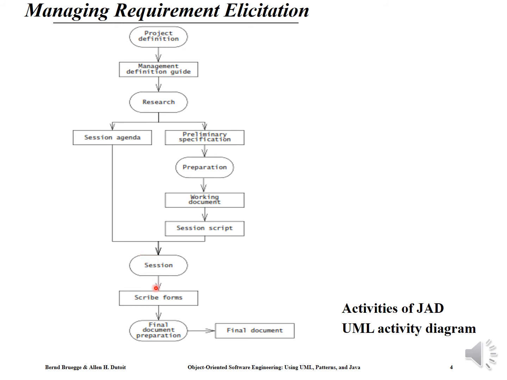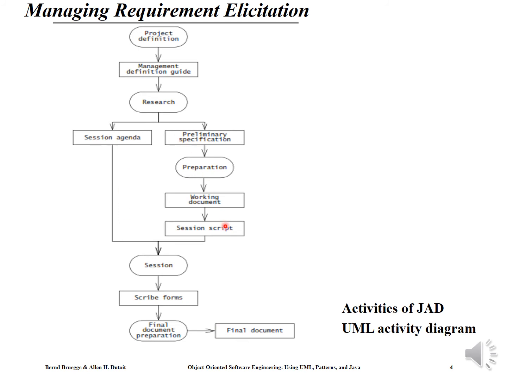The final document represents a complete specification of the system agreed on during the session. Then the final document is distributed to the participants for review. They then again attend a 1 to 2 hour review meeting to discuss and finalize the document.